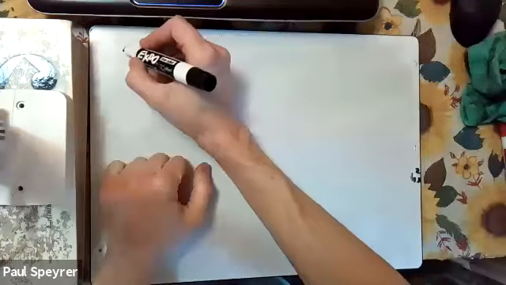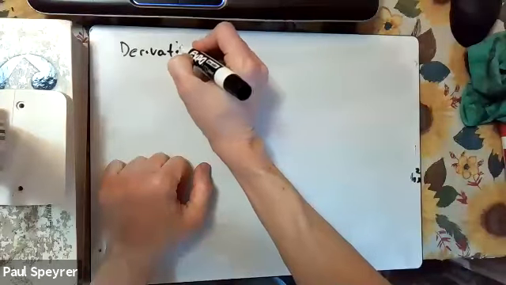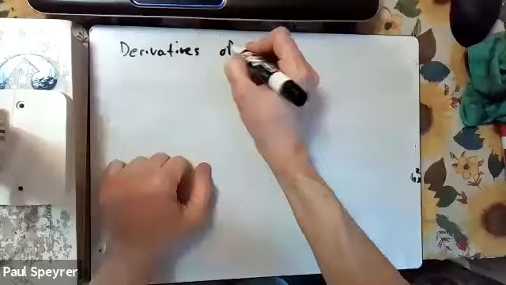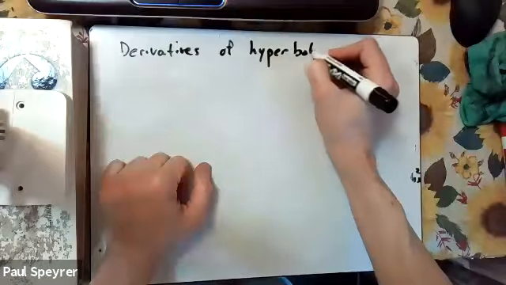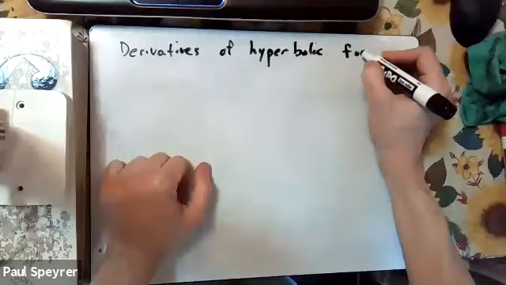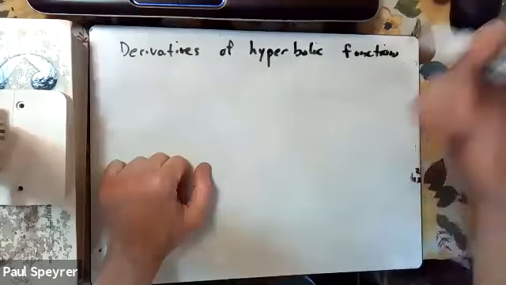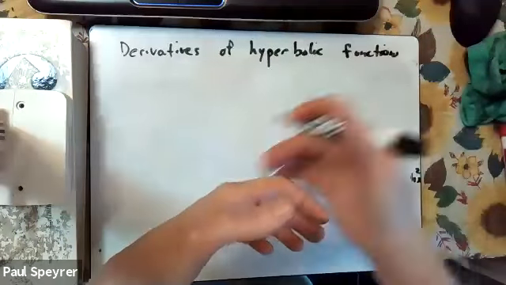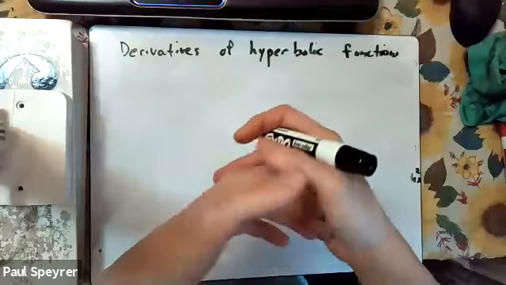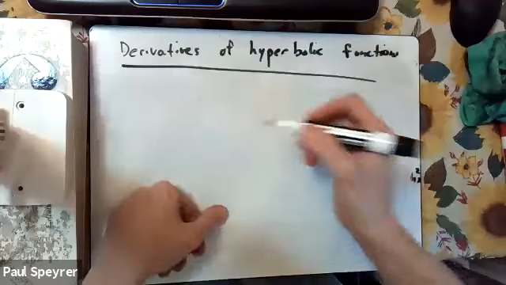Let's just make a list of derivatives of hyperbolic functions. And you can always Google all this stuff too. Like derivative of trig functions, derivative of inverse trig functions, derivative of hyperbolic functions, and do a Google image search of it. And all this stuff will always pop up right there.